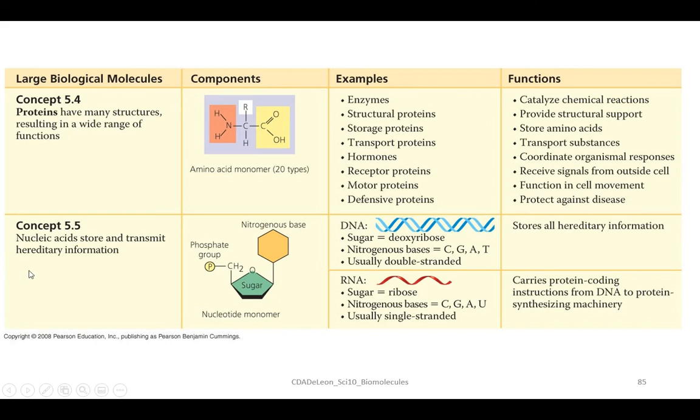And lastly is the nucleic acid, which stores and transmits hereditary information. This is the nucleotide monomer composed of a phosphate group, pentose sugar, and a nitrogenous base.